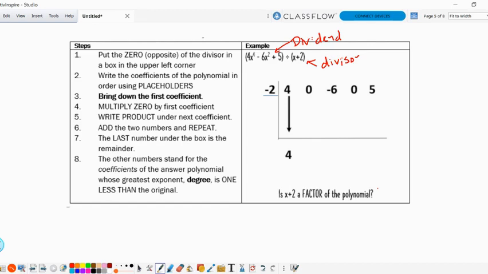When we set up synthetic division, I always draw a long L to keep myself organized. And then I have a little shelf over here. And on that shelf comes the 0 from the divisor, which is negative 2. So that's where the negative 2 is coming from. It's the 0 from that factor.